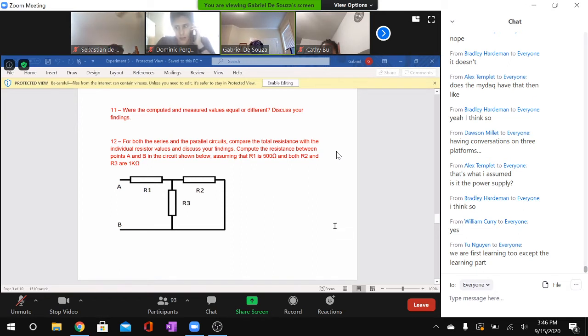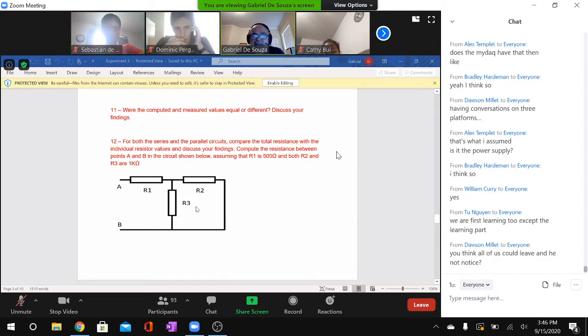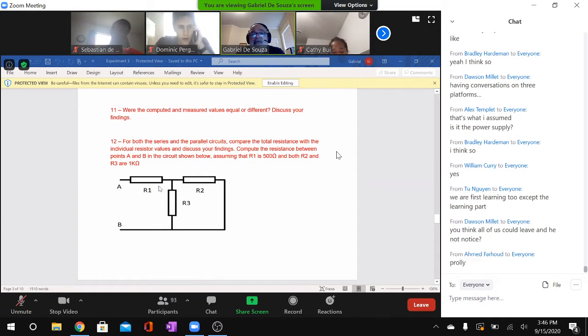Let me tell you the easiest way to solve things like that. First, tackle this part of the circuit right here. These are two resistors in parallel. So you apply the formula R3 times R2 divided by R3 plus R2, and you get the value of the equivalent resistance. That equivalent resistance is going to be in series with R1.